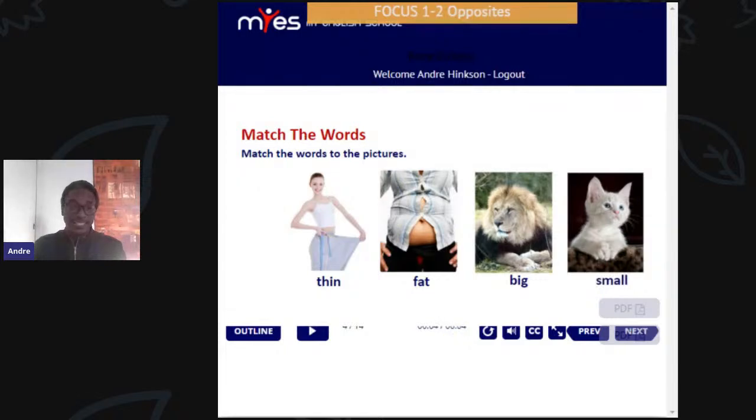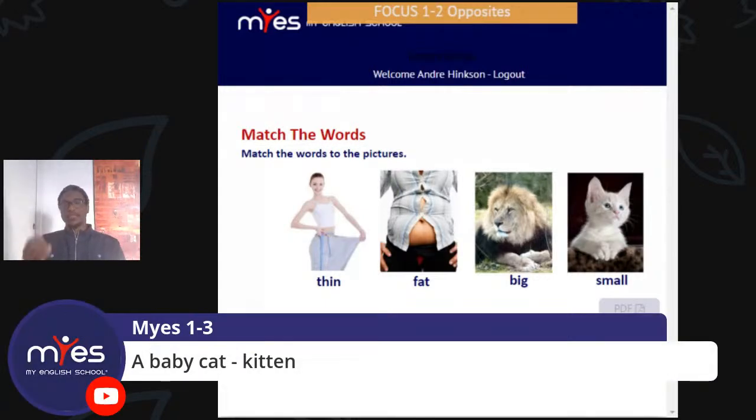So we have a cat. In this case, a baby cat is called a kitten. A small baby cat is called a kitten.